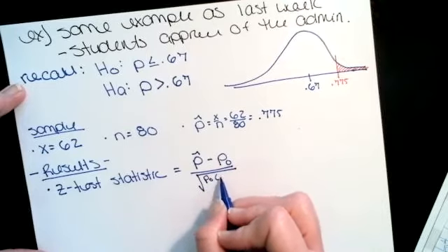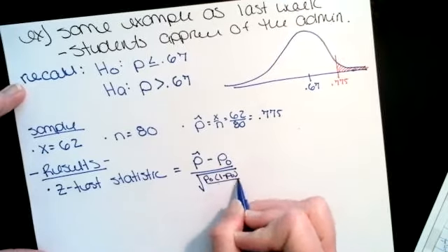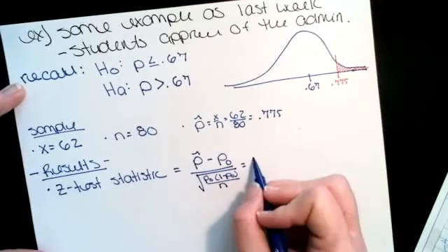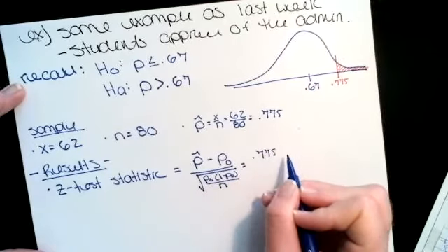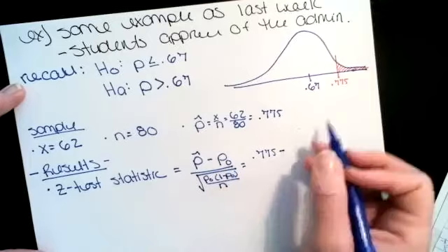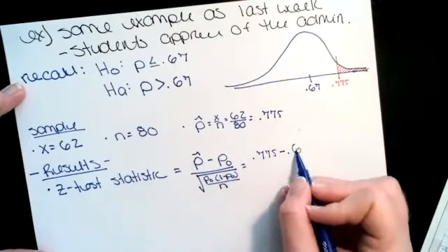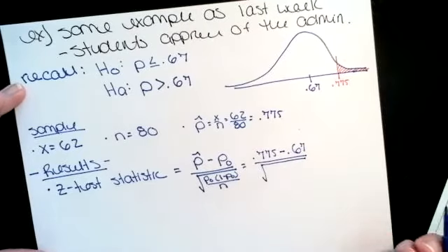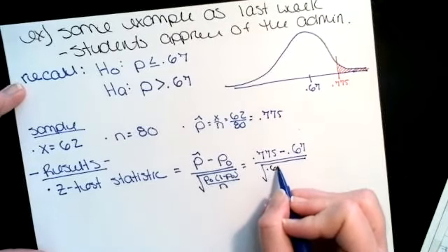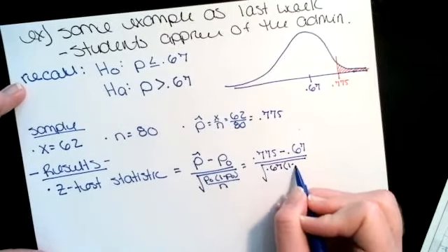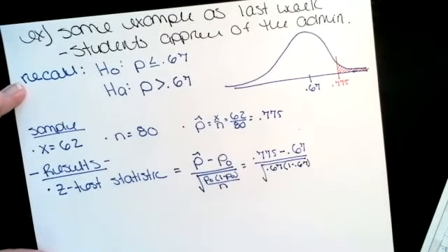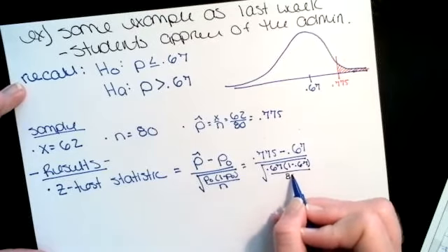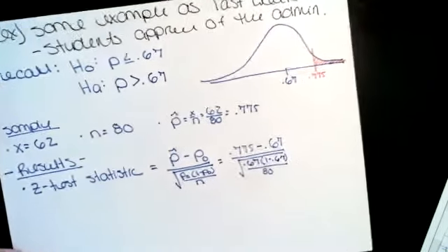So square root of p naught times 1 minus p naught divided by n. I'm just going to plug all the values in. p hat we found is 0.775 minus p naught, that's my center from my null, that's 0.67. And my standard error uses that center to calculate the spread. So here it is, 0.67 times 1 minus 0.67 divided by n, which is 80, all under the square root.